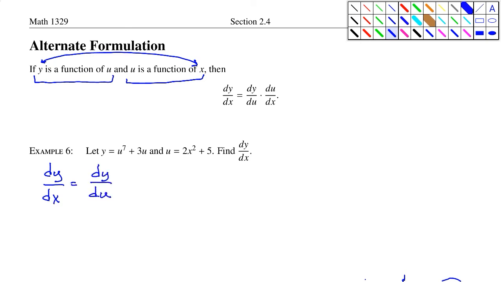I can do that because y is a function of u, and u is a function of x. Whatever variable is on top is what it's equal to, and the variable on the bottom is the independent variable for that equation.